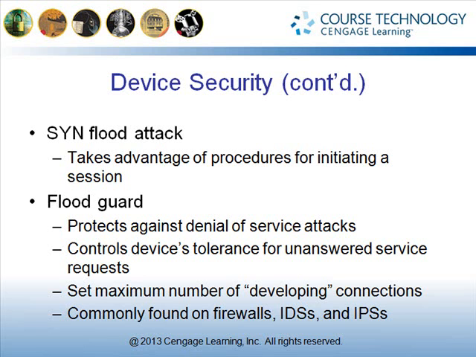Once that limit is reached, each inbound SYN directed to the affected server is intercepted and dropped, and an empty SYN plus ACK packet is returned. Flood guards are typically found on firewalls, intrusion detection systems, and intrusion prevention systems.